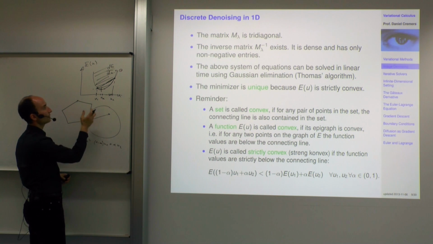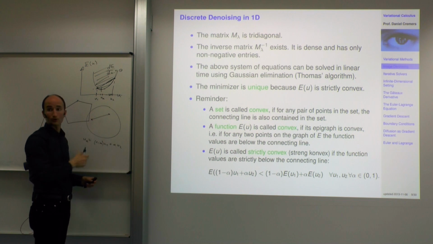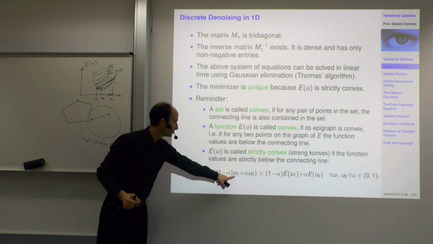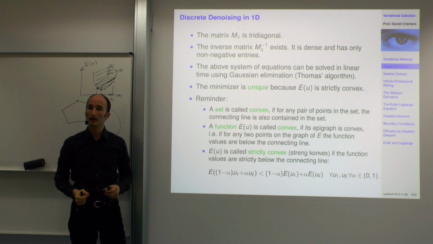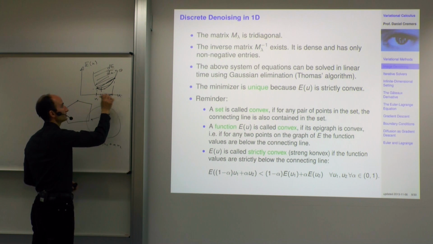And you can see if I go from alpha from 0 to 1, I go from U1 to U2, right? If I put alpha equals 0 in here, then I have U1. For alpha equals 1, I have U2. And for all the intermediate alphas, I basically move from here to there.